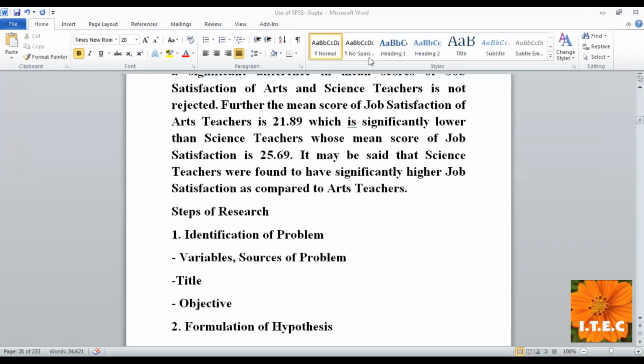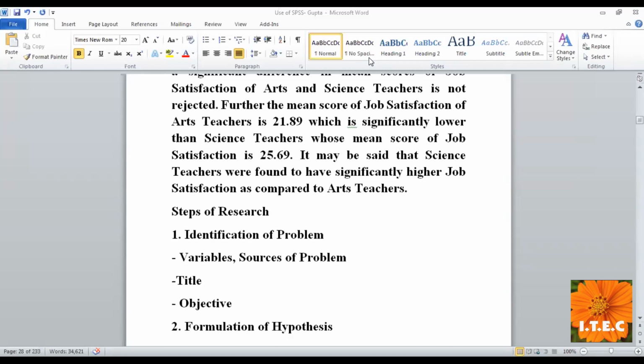Now, Gaurav, tell me, as far as maintaining of the type 1 error and type 2 error is concerned, what do you mean by the word maintaining?